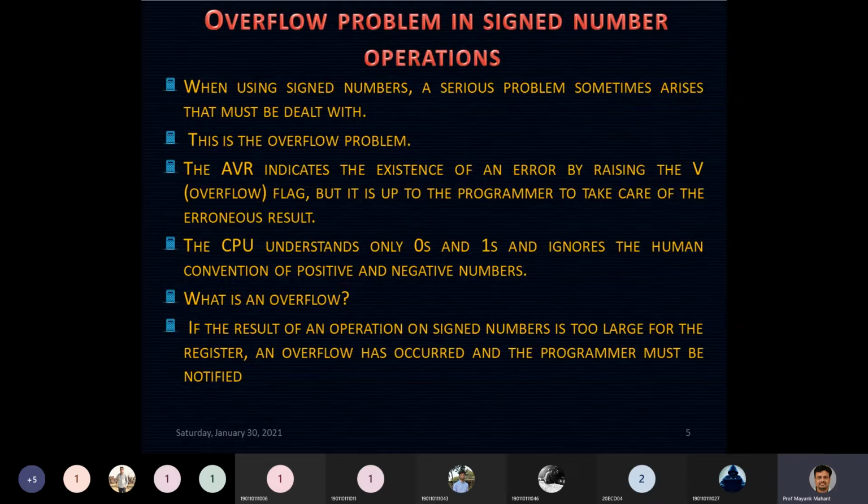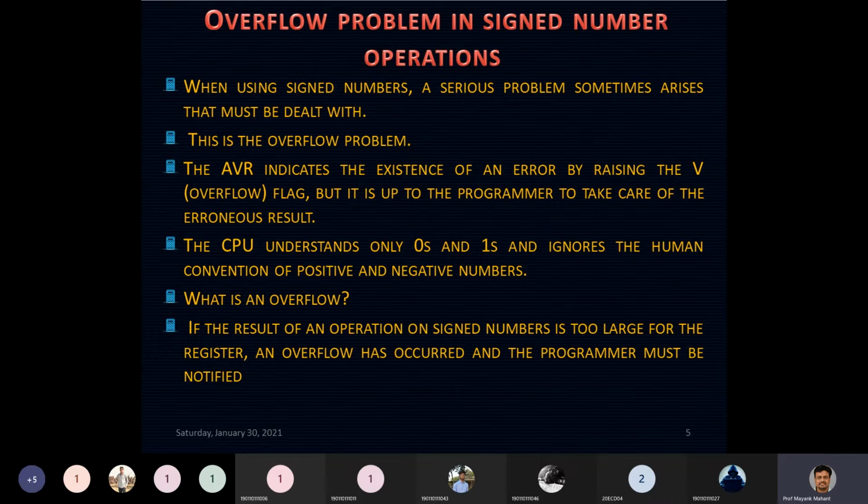So whenever you perform an addition operation, there may be a case where a carry is generated from D6 to D7. If this carry is generated, there would be a problem, because it is going to alter your sign. D7 is for the sign, and if the carry is propagated into the D7 value, then the sign bit gets altered. This problem we call the overflow problem in signed number operations. So let us discuss that in detail.